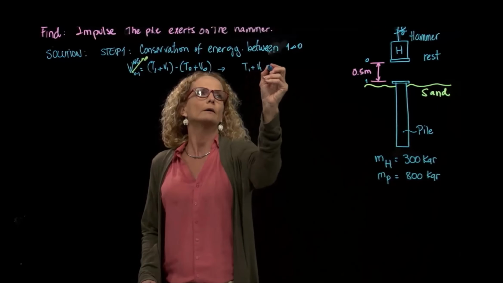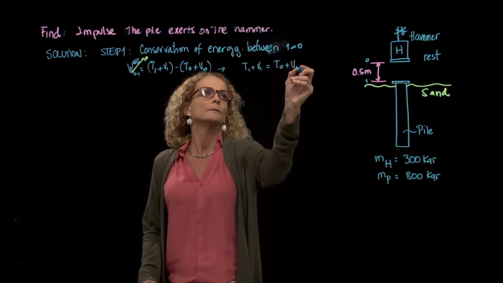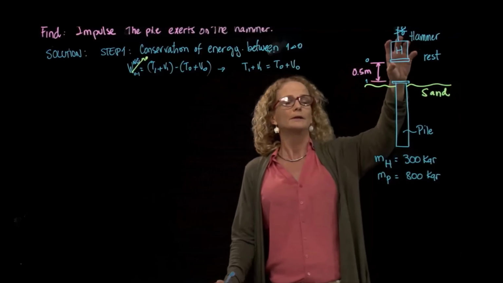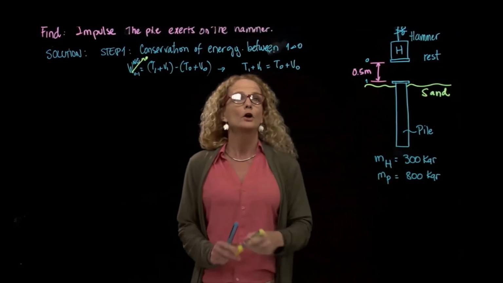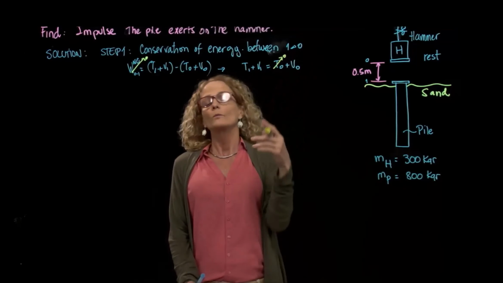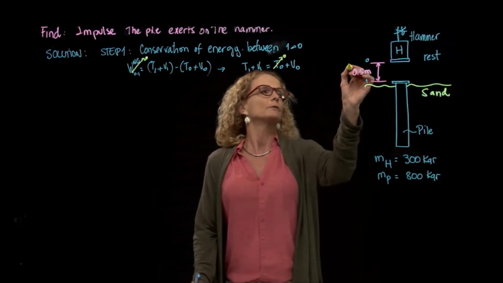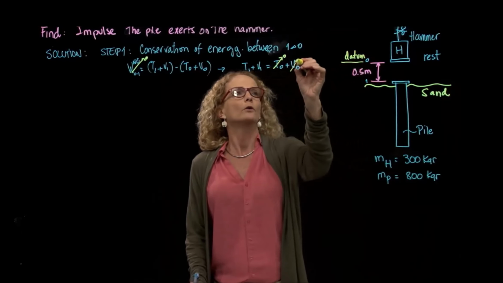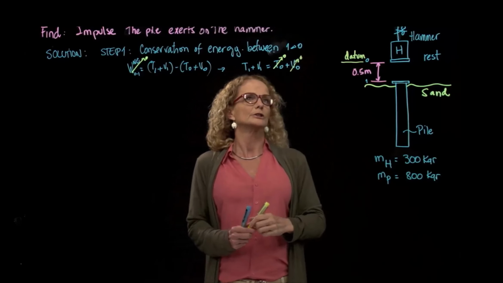T1 plus V1 equals T0 plus V0. At position 0, the hammer is at rest, so we have no kinetic energy at position 0. And what about potential energy? If we put our datum right here, we have no potential energy either.